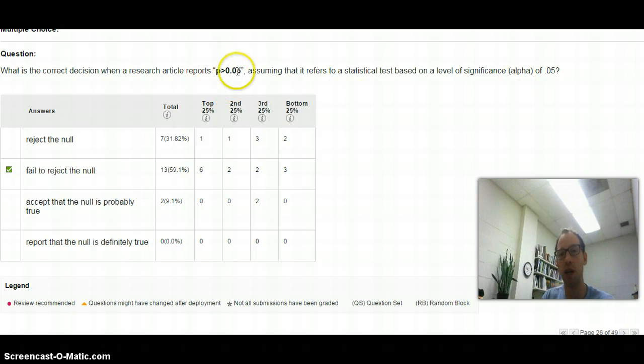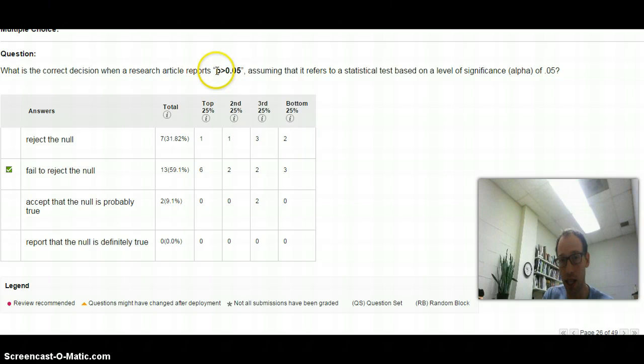So if we're greater than 0.05, we're saying, yeah, okay, it could have happened by chance, but it could be the null hypothesis, could be that the research hypothesis is true. We just don't have enough evidence. Whereas if we're less than 0.05, we're so far away from that null hypothesis that we're going to take a step and say, okay, we're rejecting this null hypothesis. We're too far away. The chance is so slim, it's less than 5%.